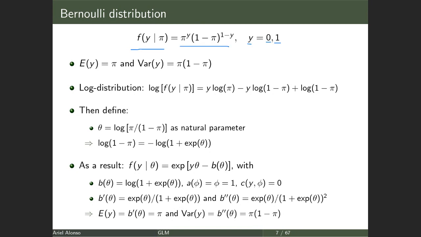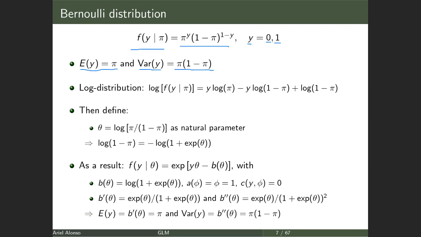The variable takes value 0 with probability 1 minus pi, and takes value 1 with probability pi. We know that for the Bernoulli distribution, the expected value is a probability. That's why we had to use the logit link. And the variance of a Bernoulli random variable is just pi times 1 minus pi. We know that from our first course of probability back in the day.